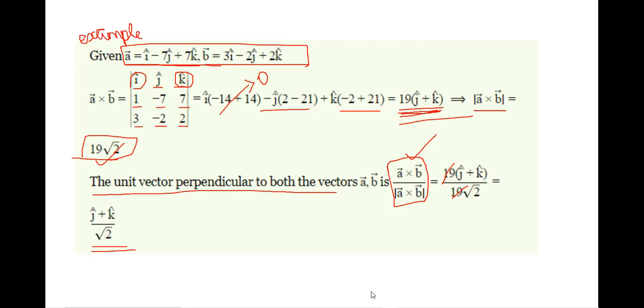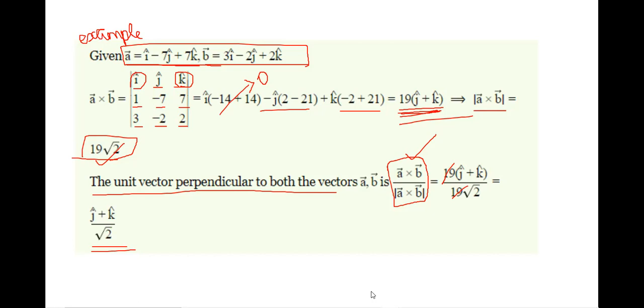In the problem we have seen how to calculate the magnitude. Suppose we take this value as x and this as y. The magnitude of v is the square root of x square plus y square. This is the formula we will use to calculate the magnitude of a particular vector.